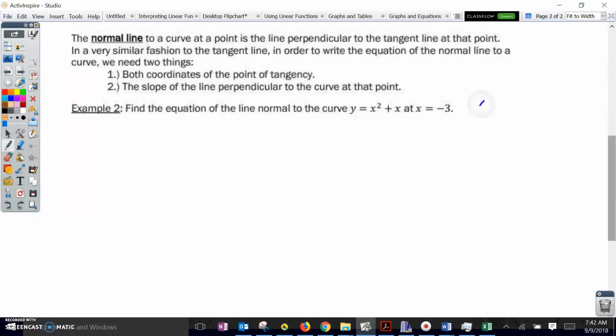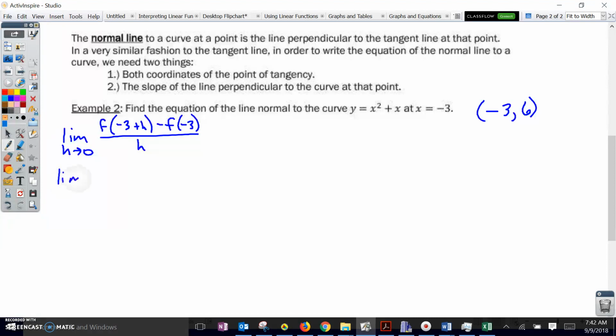So first I'm going to go ahead and find the point when x is negative 3. I substitute that into this function, and I get that the y coordinate is 6. And now I'm going to use my instantaneous rate of change formula to find the slope of the tangent line at that point. So I've got the limit as h approaches 0 of f of negative 3 plus h minus f of negative 3 all over h.